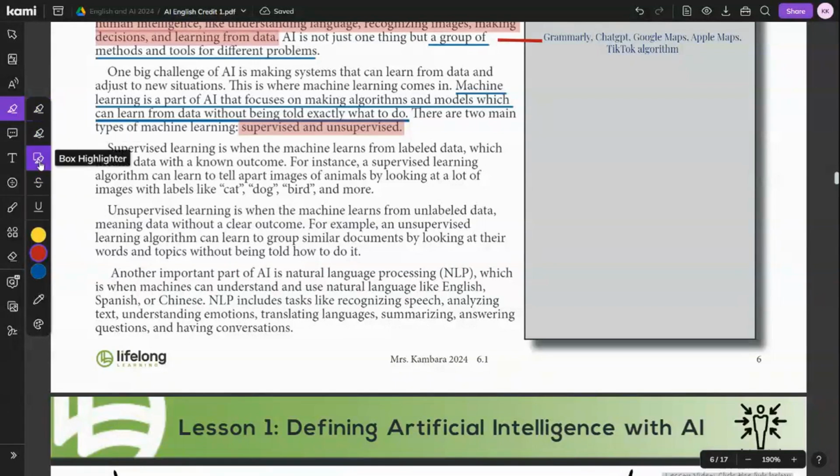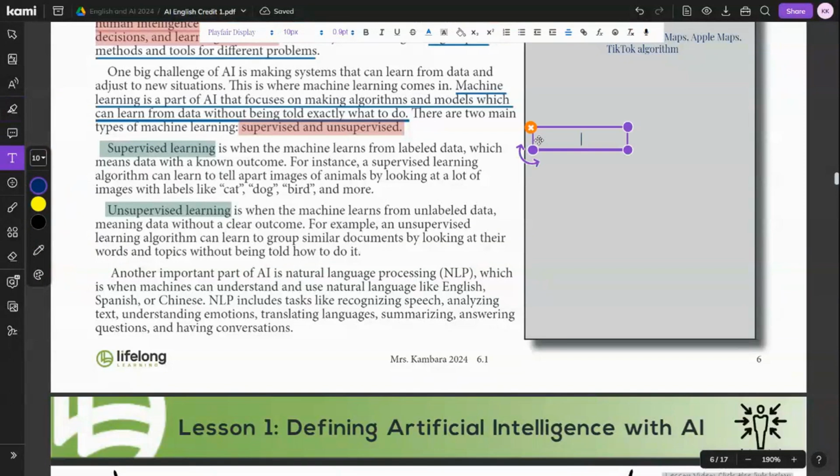So 2 things that we're going to highlight here are supervised learning and unsupervised learning. And my challenge for you is to explain what supervised learning is, and then explain what unsupervised learning is.